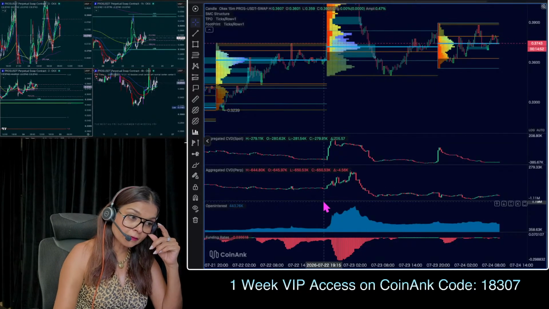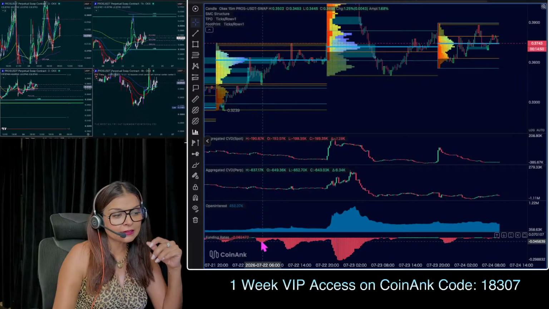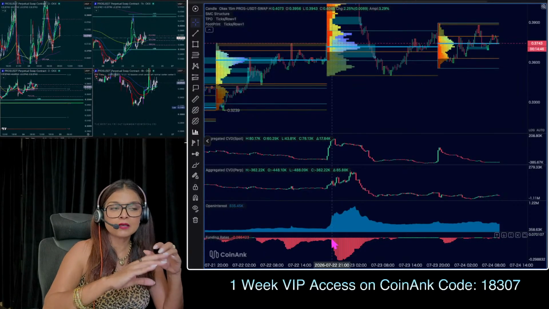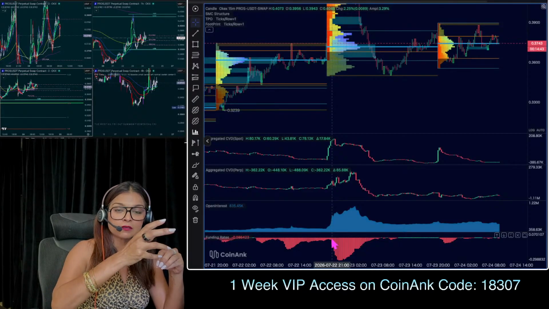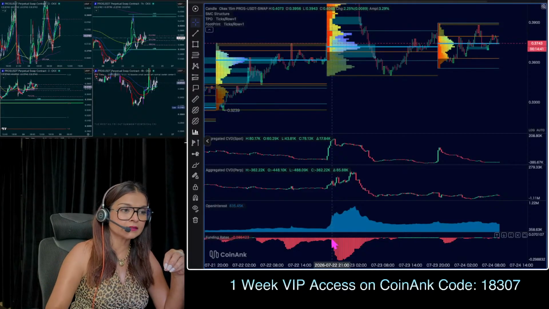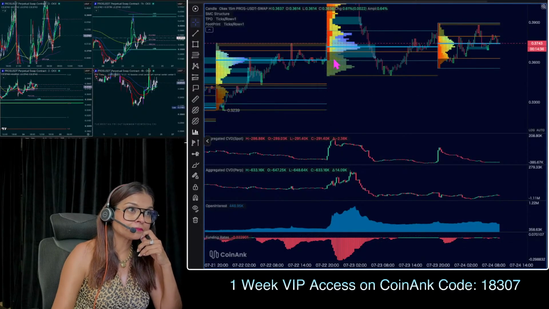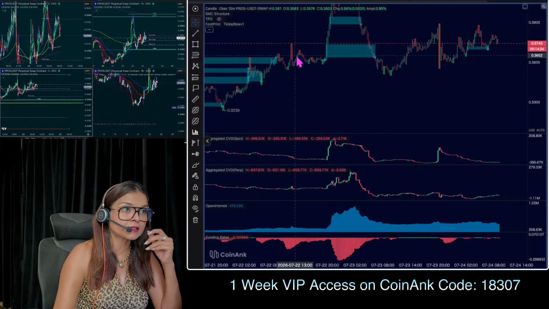And that is why when you see an extended negative funding, because funding has to reset itself if it becomes extreme positive or extreme negative. So when you see extreme funding, let's remove the TPO so you can see what price did here.